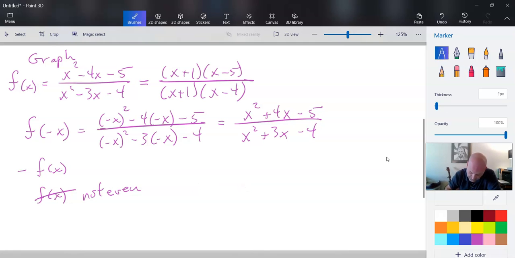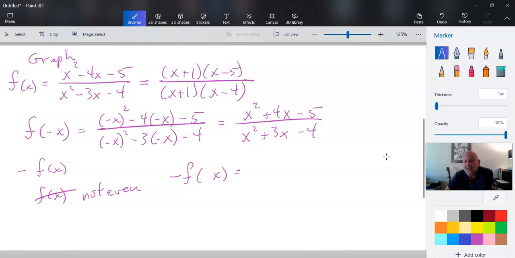When I have a rational expression, if I have f of negative x, we're trying to match this up with the negative of f of x.